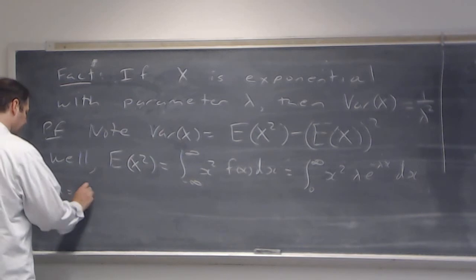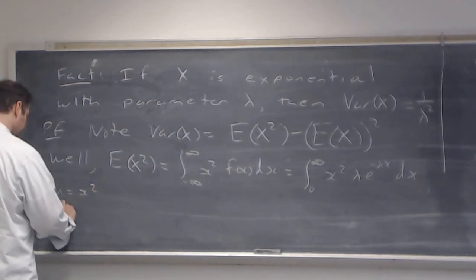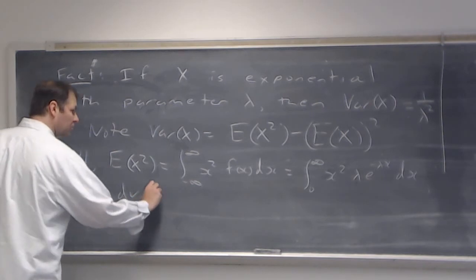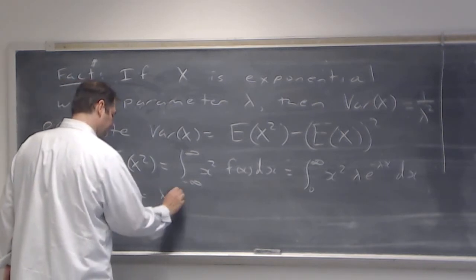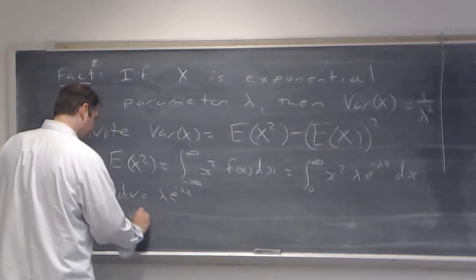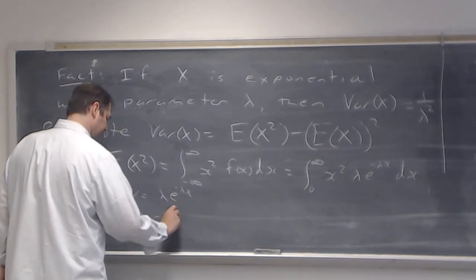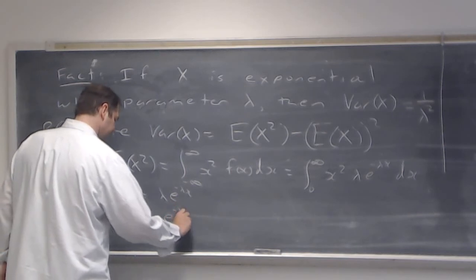So I'm going to let u be equal to x squared, du will be equal to 2x dx, dv will be equal to lambda e to the minus lambda x. And from our previous experience, we know that the antiderivative of this guy, the integral of this guy, is minus e to the minus lambda x.